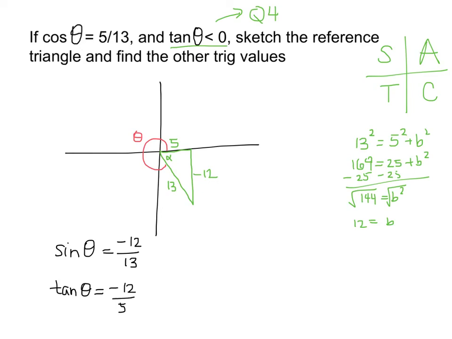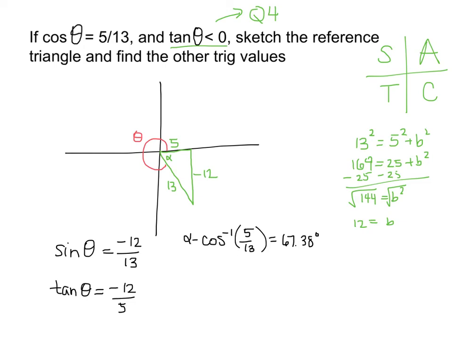If I wanted to take this a step further, I could go ahead and actually find out what theta is. I could do the inverse cosine of 5 over 13 and use my calculator, and I'm going to do it in degrees. When I do this in degrees on my calculator, the inverse cosine of 5 over 13 comes out to 67.38 degrees, but that's the measure of my reference angle.